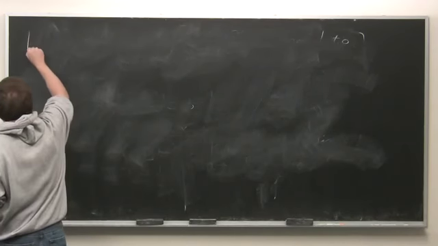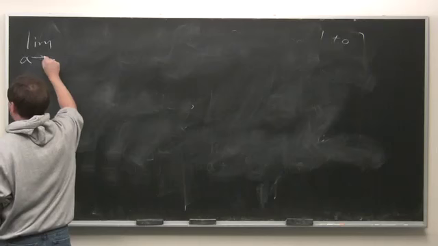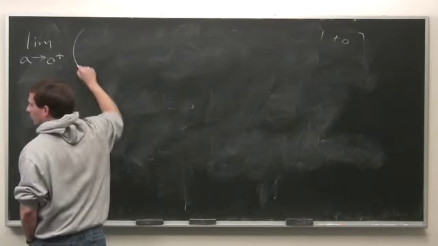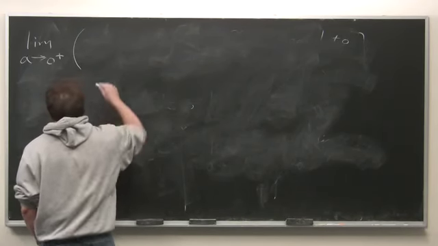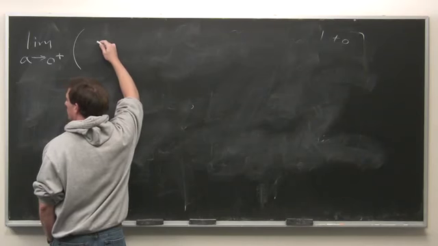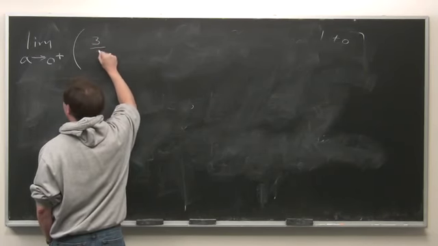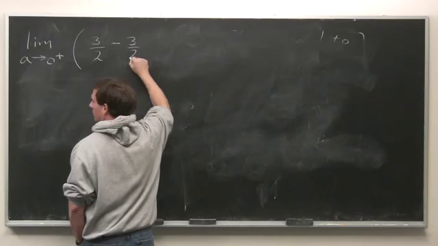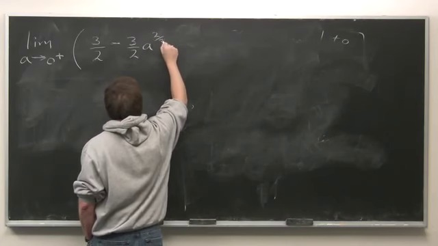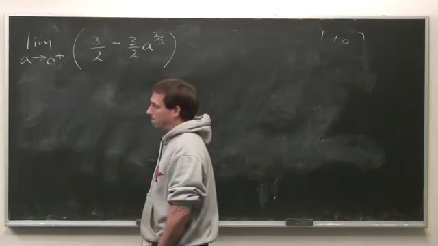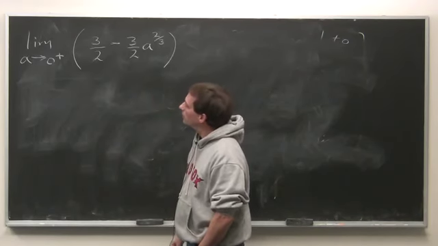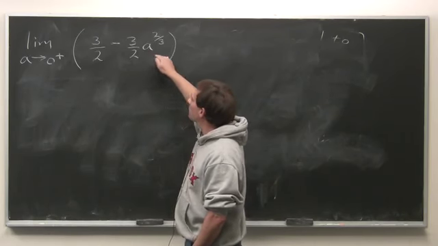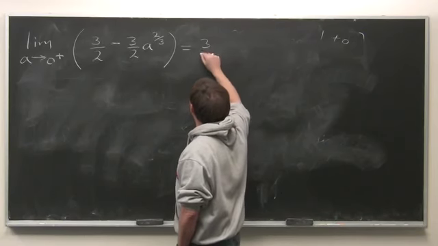You get the limit as a approaches 0 from the right of, you evaluate at 1. So we get 1 to the 2/3 over 2/3, so we get 3/2 minus 3/2 a to the 2/3. But as a approaches 0, a to the 2/3 approaches 0, and this approaches 3/2.